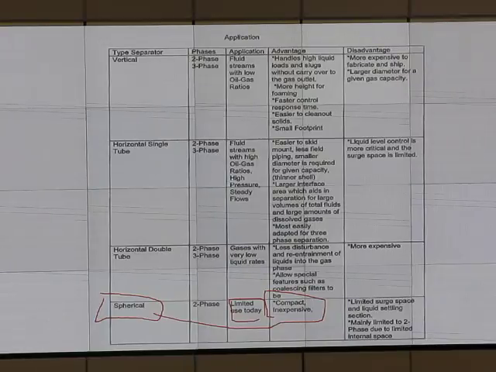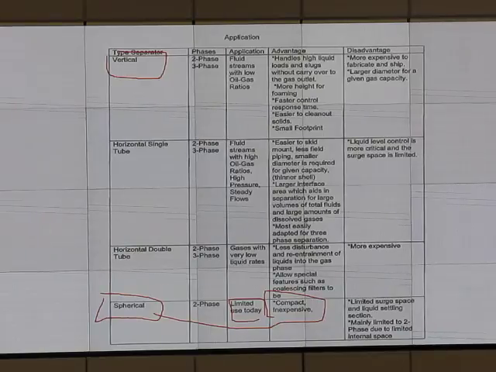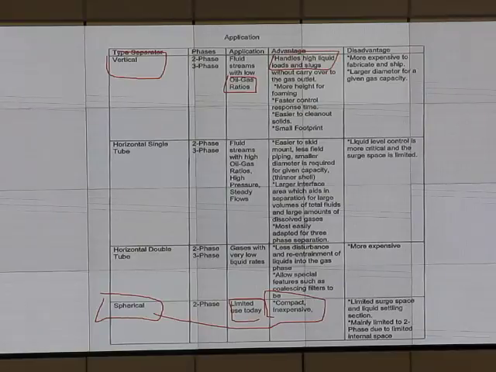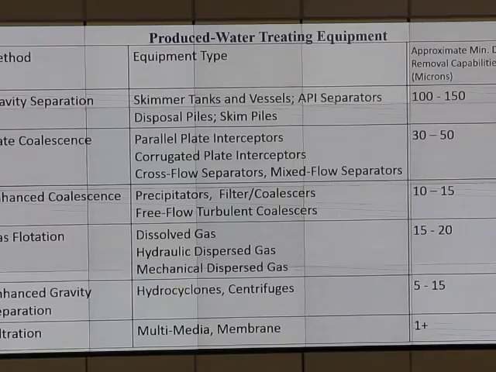The vertical separator is good for fluid streams with low gas-oil ratio, and good at handling high liquid load and slugs without carrying over. We talked about the advantages and disadvantages already. This is a summary for you.